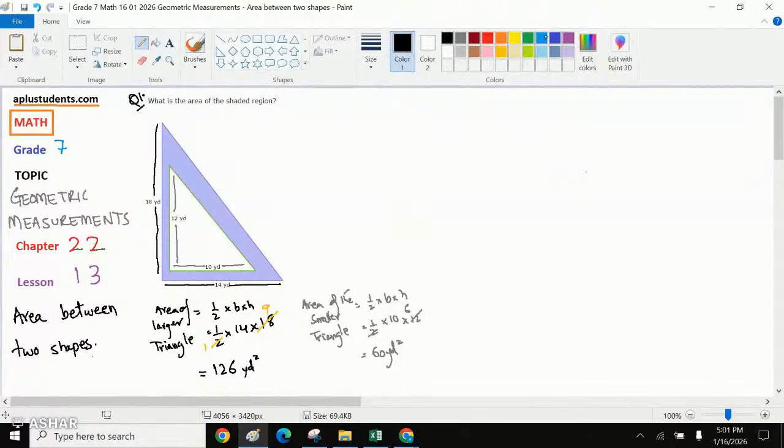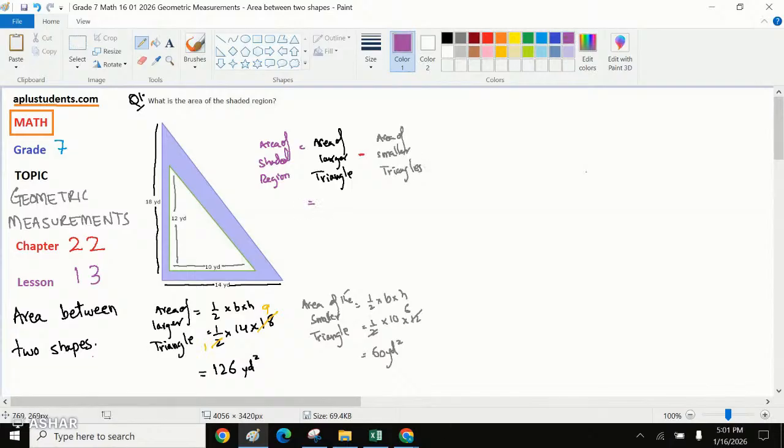right? So can we find the area of the shaded region? Area of shaded region would be equal to area of larger triangle minus the area of the smaller triangle, because we can see there are two triangles in this shape, right?